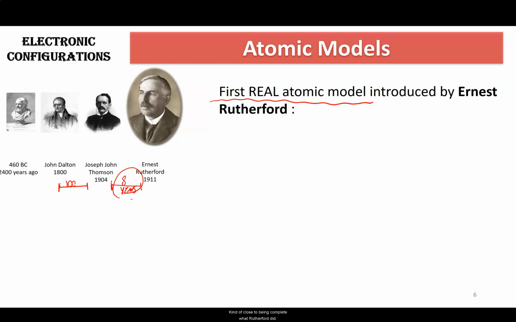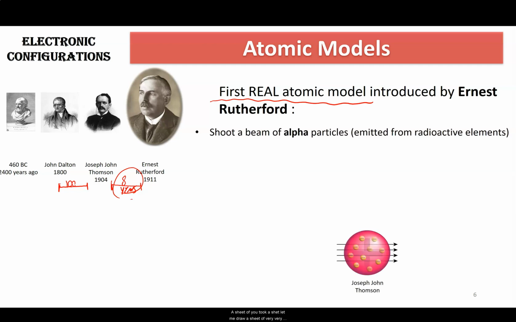What Rutherford did was he took advantage of some physical phenomena, and he took a sheet, an extremely thin sheet of gold. And then he produced some alpha particles, and in this case, I believe he used radium for that.